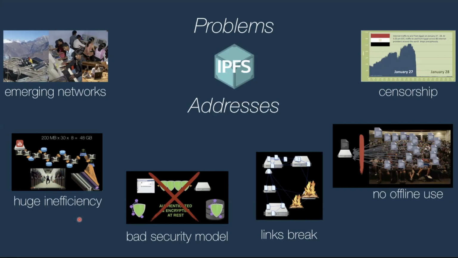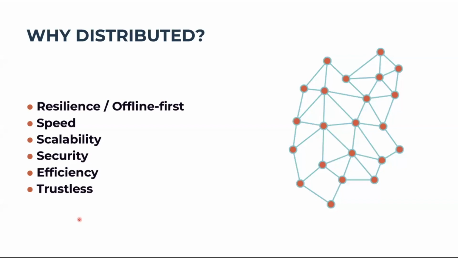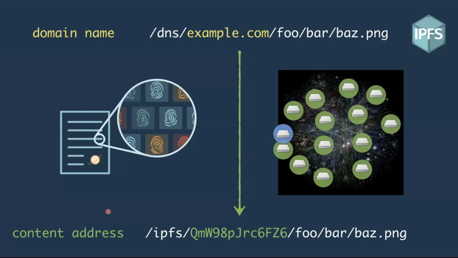So why distributed? Because we can overcome all those problems and become more efficient, more resilient, offline first, and last but not least, have less trust in several different organizations. A central point in the vision of IPFS and the ecosystem around it is that we need to move from a location-based model to a content-addressable model.